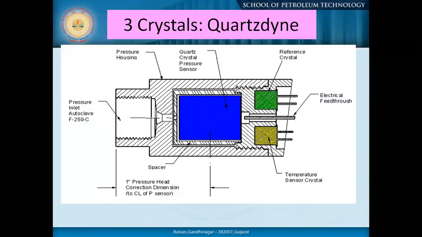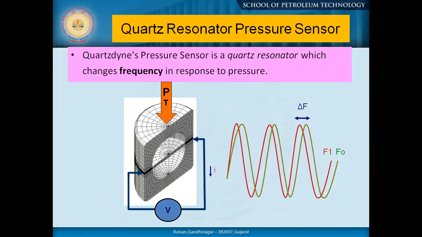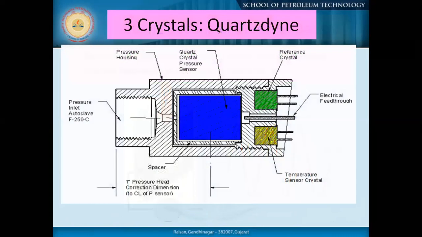Okay, clear? Yes, sir. This is recording, that means once you lower it down, it is recording. This is the whole quartz crystal arrangement. The whole instrument is properly packed within the tube. You have a reference sensor crystal through which the pressure and temperatures are measured.